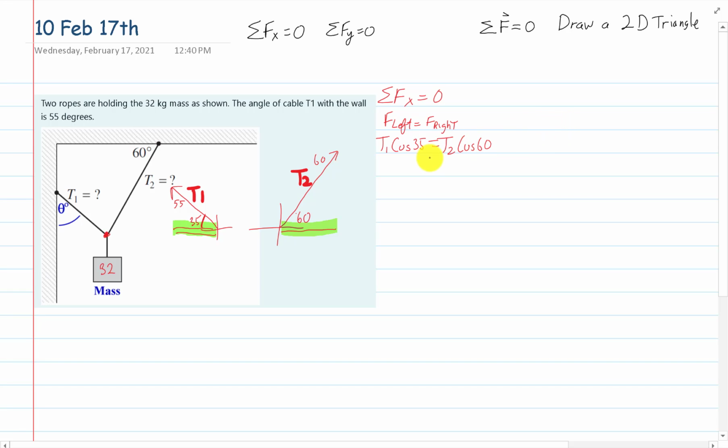At this point, I'm just going to isolate T1. You can't solve it yet because there are two unknowns, but we can at least get a relationship. T1 is equal to T2 times the cos of 60 divided by the cos of 35. If you don't like the trig, I'll just give you that number. Hello, Mr. Calculator.